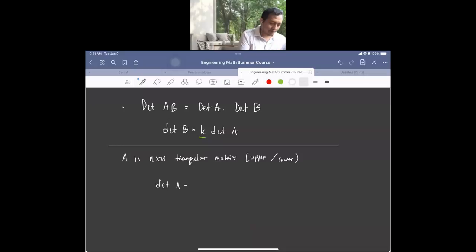Then the determinant of A is A11, A22 until Ann. And this A11, A22 until Ann, this is the main diagonal.